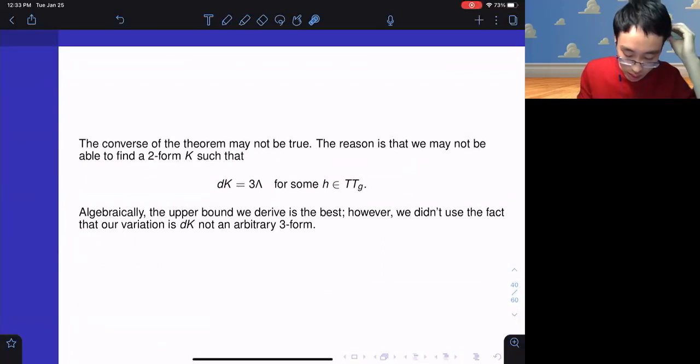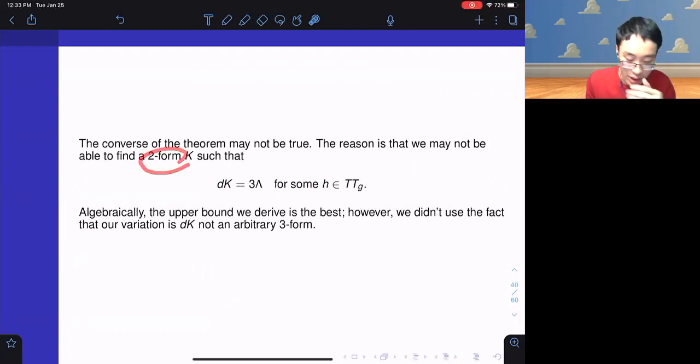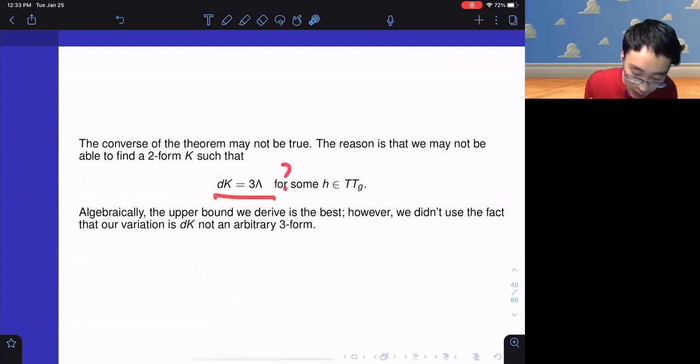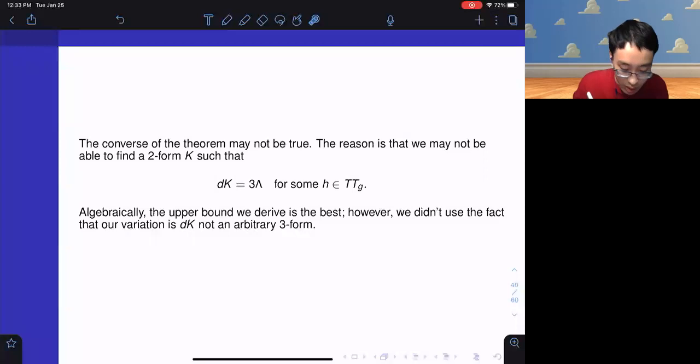The reason is we may not be able to find a two-form k such that dk is redundant. It may not happen, but algebraically the upper bound we derive is the best. We use the Cauchy-Schwarz to find the best constant we have. But here we just treat dk as an arbitrary form, but in fact, dk is not arbitrary. It's the d of something. So maybe there is another way to find a better bound, but we don't know yet.